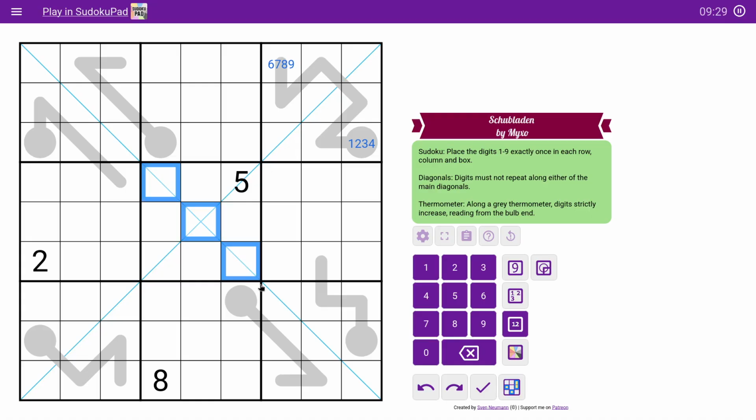Does that mean there cannot both be 1 and 9 on this diagonal? If there's a 1 here, it goes here, here, bump, bump.